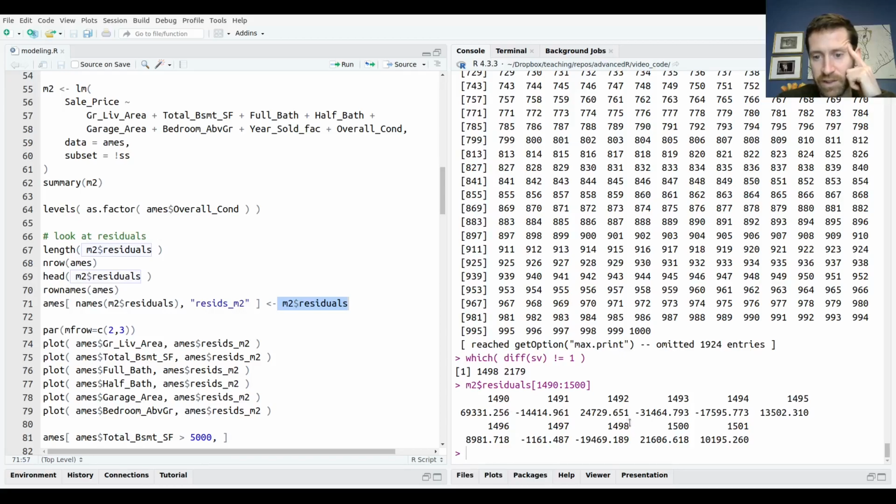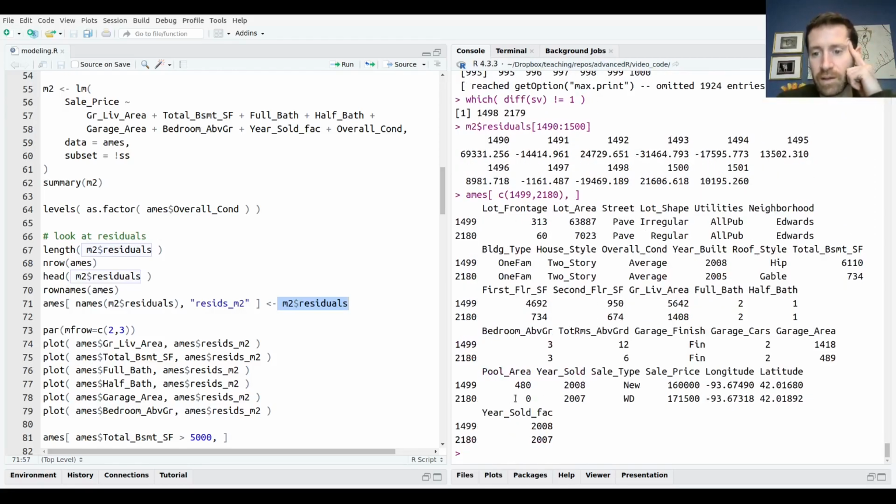All right, so 1498 is missing, which means 2980 is going to be also missing. And let's see.